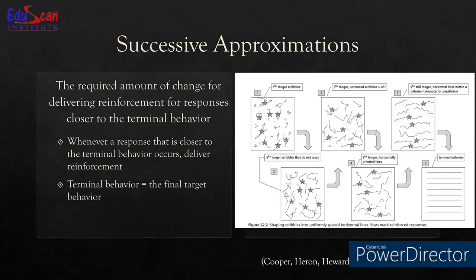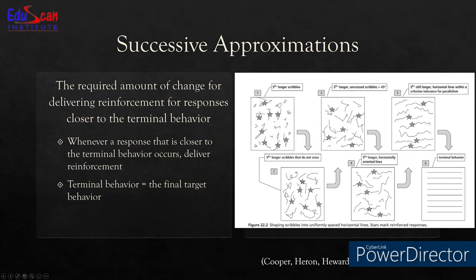For example, a baseball player wants to throw 90 miles per hour. Let's say their present level is 70 miles per hour. So, whenever that player throws above 70 miles an hour, we reinforce, be it 71 miles per hour, 80 miles per hour, 82 miles, 87 miles per hour.